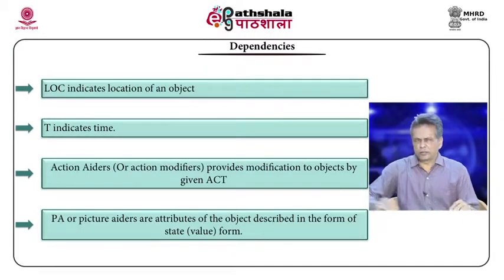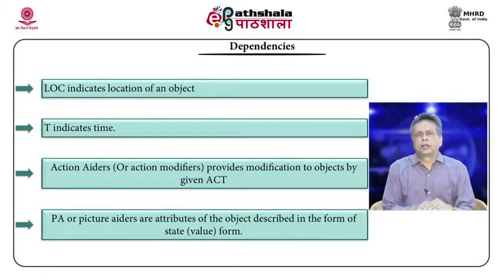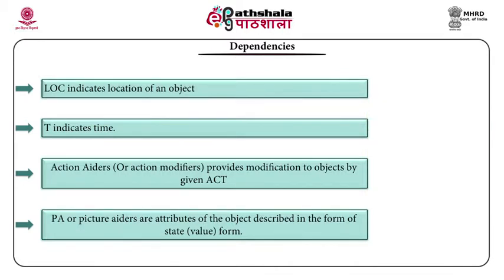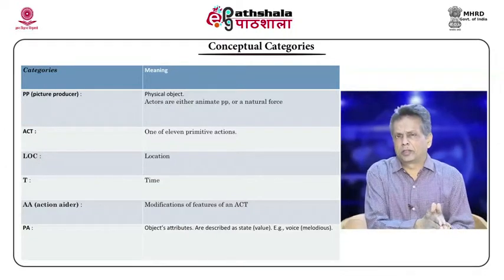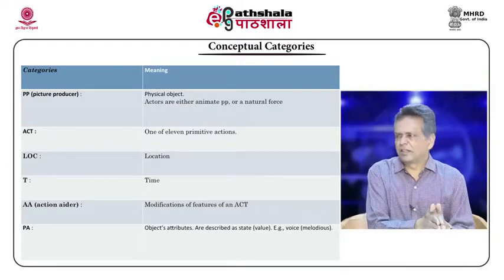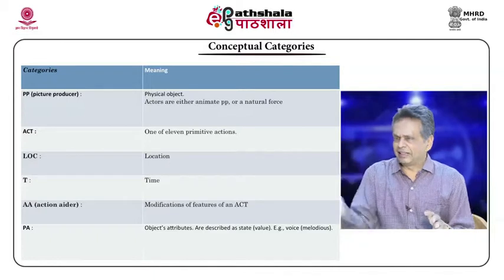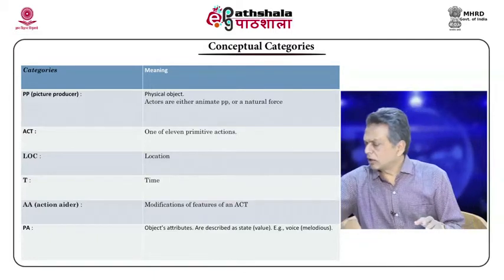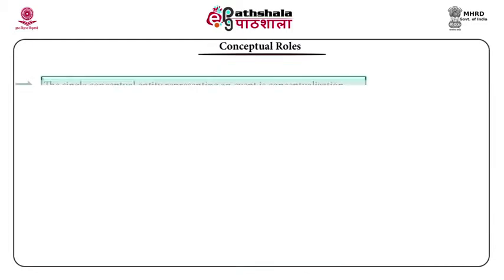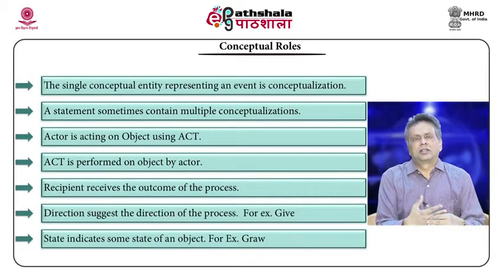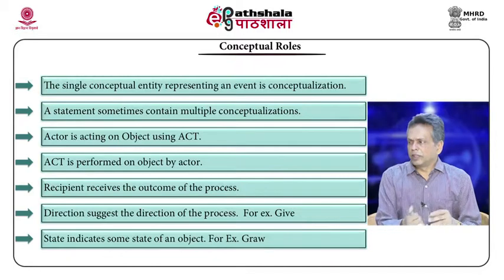We will see the examples of all of them soon, but these are the basic building blocks of CD. And they are called conceptual categories. This PP, picture producer, PA, picture aiders, and ACT and location and time and all that, together are called conceptual categories. Conceptual roles are also very important.